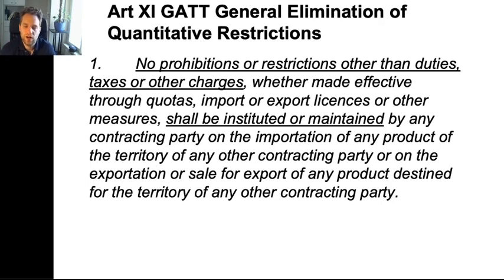So, Article 11 of the GATT, and as the title already holds, includes a general elimination of quantitative restrictions by simply stating that no prohibitions or restrictions other than duties, taxes, or other charges, whether made effective through quotas, import or export licenses, or other measures, shall be instituted or maintained by any GATT member, i.e. contracting party, on the importation of any product of the territory of any other contracting party, i.e. GATT or WTO member, or on the exportation or sale for export of any product destined for the territory of any other contracting party.